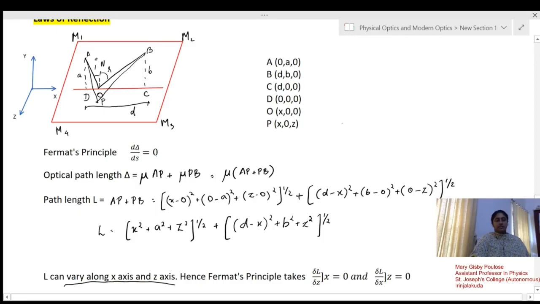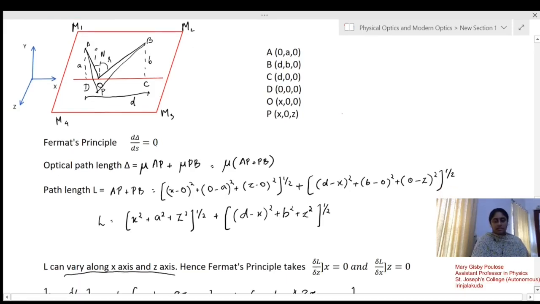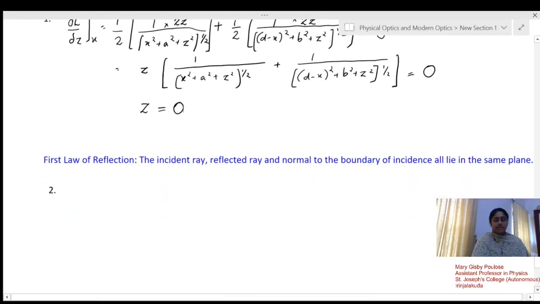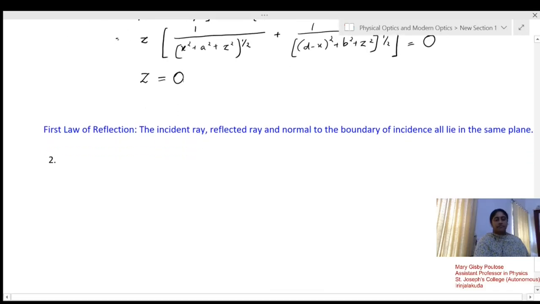This means that the incident ray, the reflected ray, and the normal at the point of reflection will all lie on the same plane, the plane that is perpendicular to M1, M2, M3, and M4. And this is the first law of reflection. The first law of reflection states that the incident ray, reflected ray, and normal to the boundary all lie in the same plane.